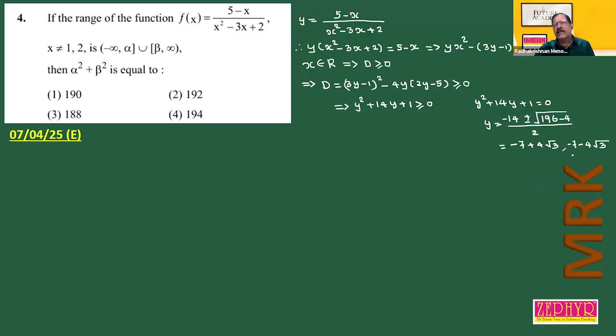Now, which is the smaller one? Which of these is smaller? This is alpha. So the roots of the corresponding quadratic equation are alpha and beta, where alpha is less than beta.